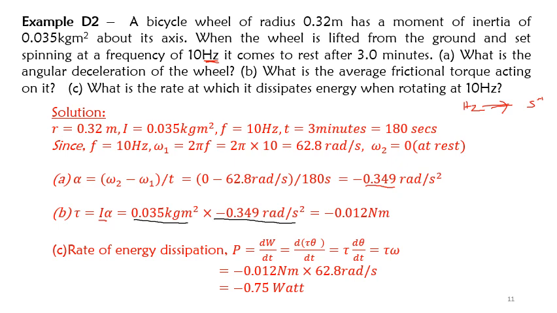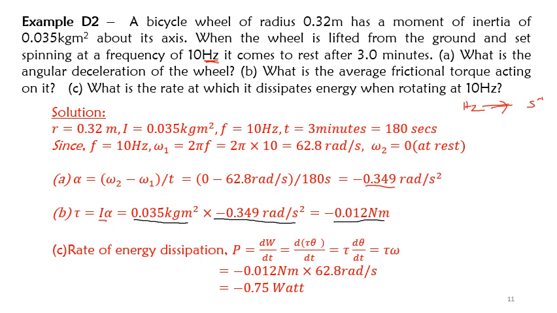You compute that, and you have minus 0.012 Newton meter, the average frictional torque. Remember, the frictional torque opposes the motion. The frictional torque slows down the rotating wheel until it comes to a stop.